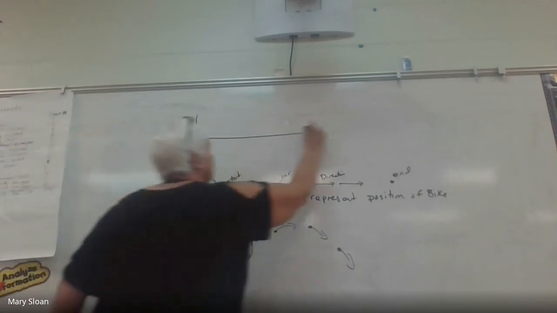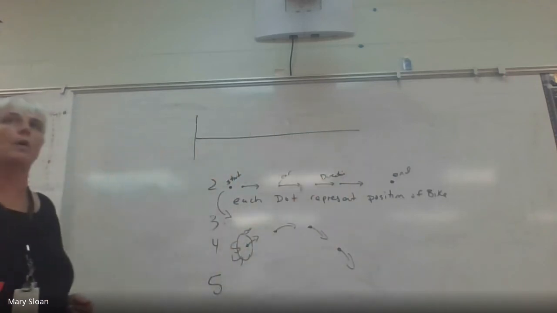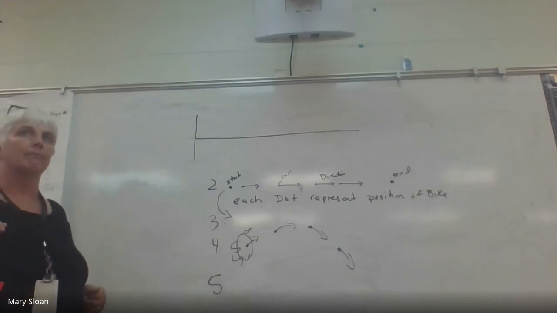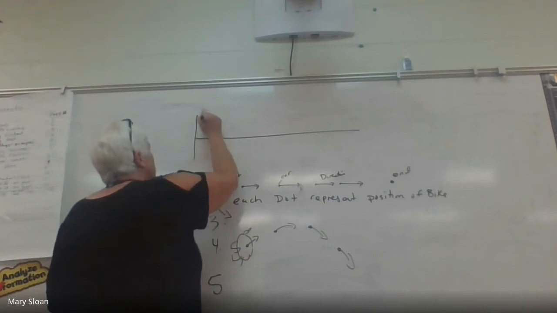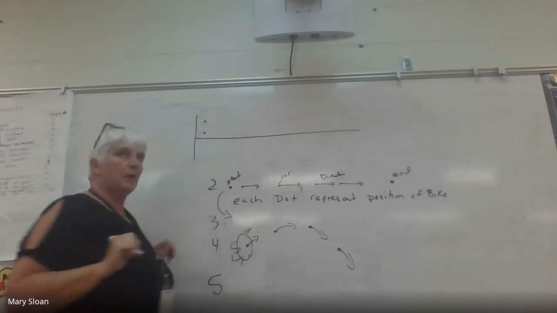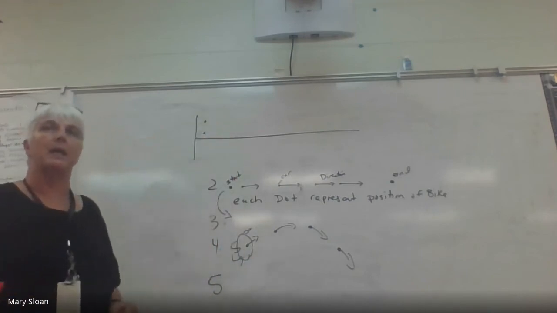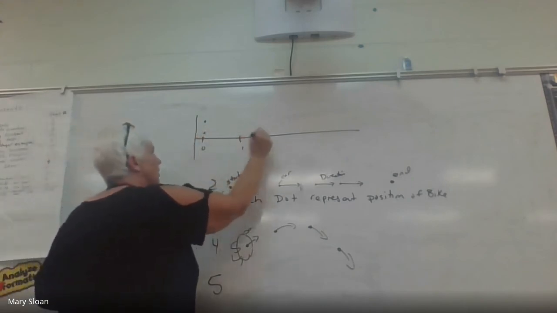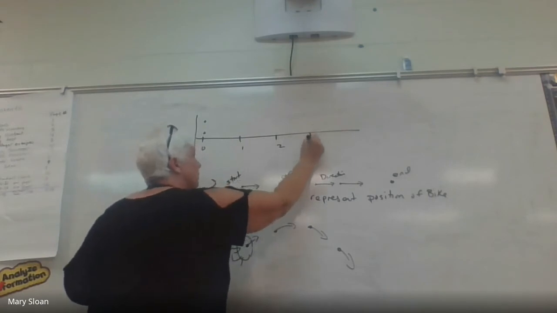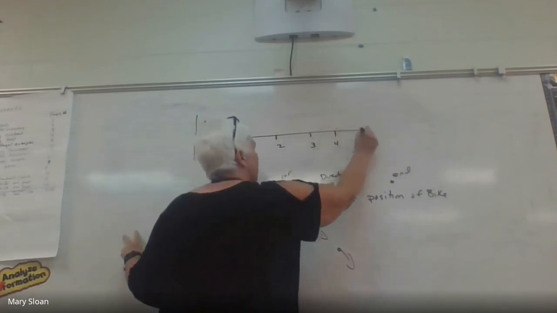This is going to look a little foreign to you, but it's okay. If we had the first one and the second person, did they start at the same place? We're going to say this is 0, 1, 2, 3, 4, and 5.